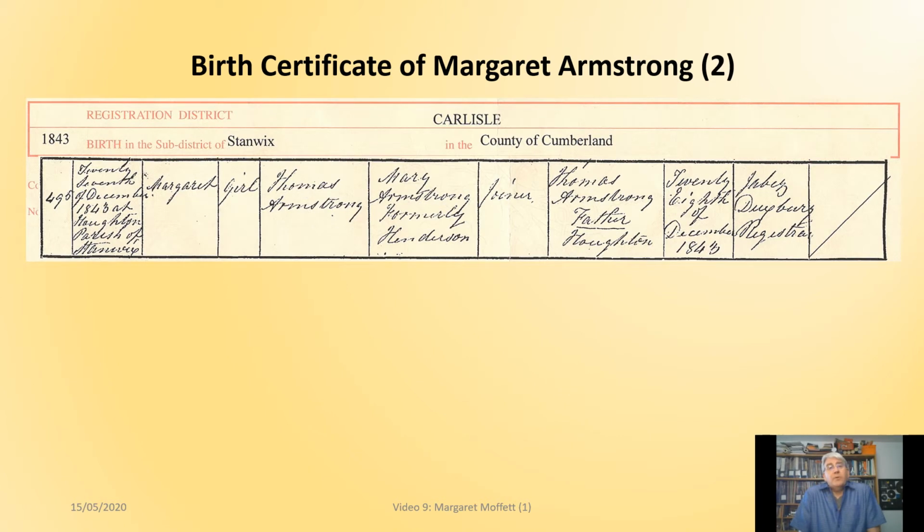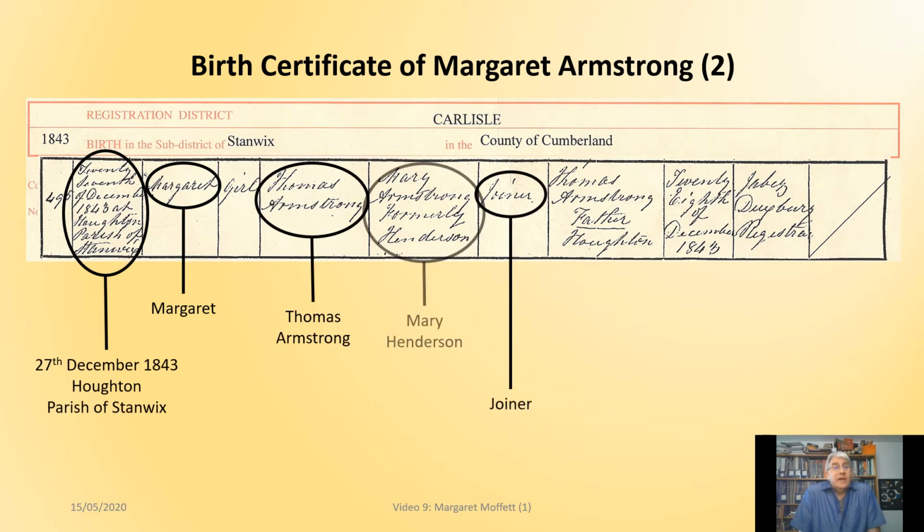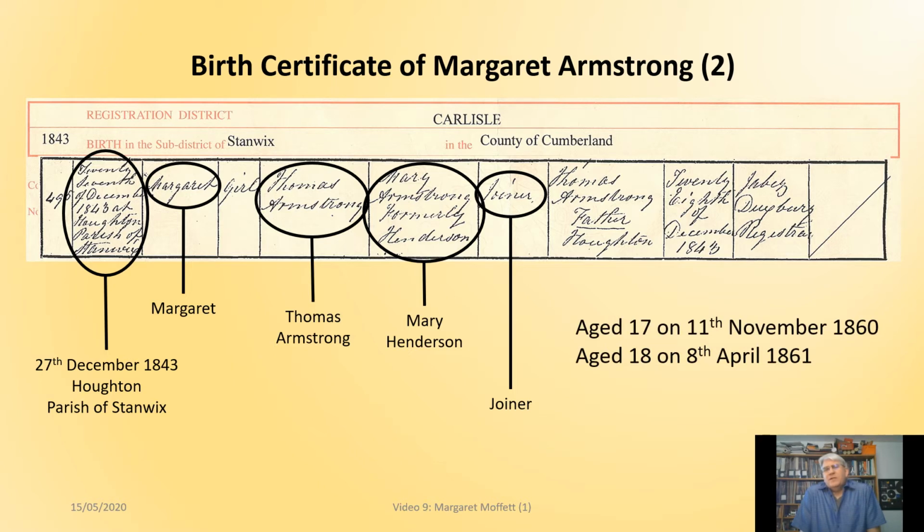Then there's Margaret born on the 27th of December 1843 to Thomas, a joiner, and Mary, formerly Henderson, living in Houghton, a village to the northwest of Carlisle, but generally included in the area called Stanwix. She would have been 17 years old in November 1860 and 18 years old at the time of the 1861 census.